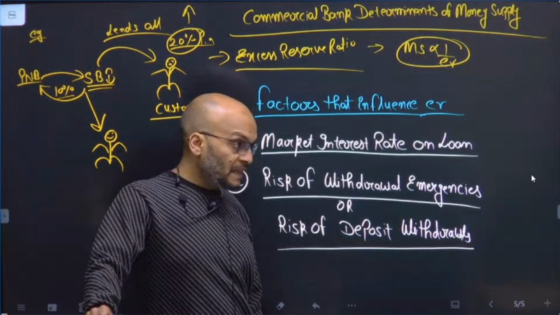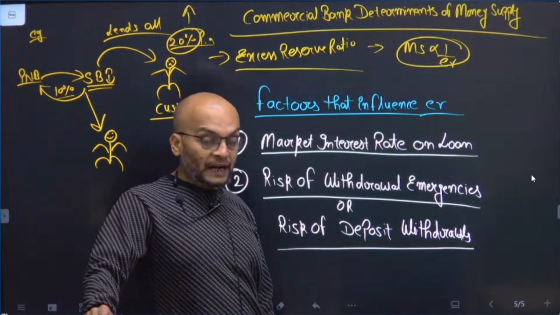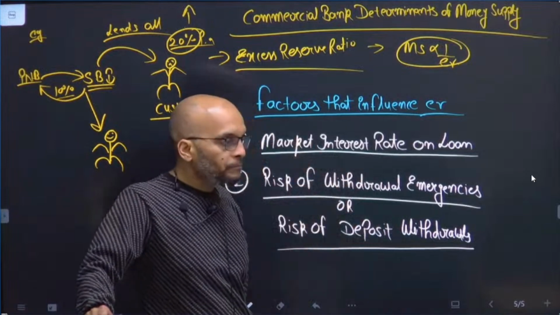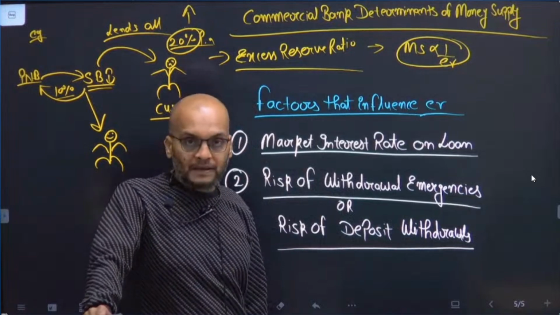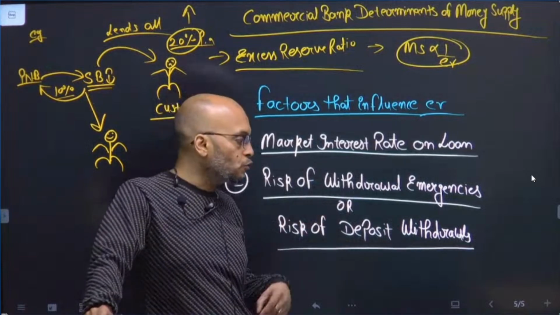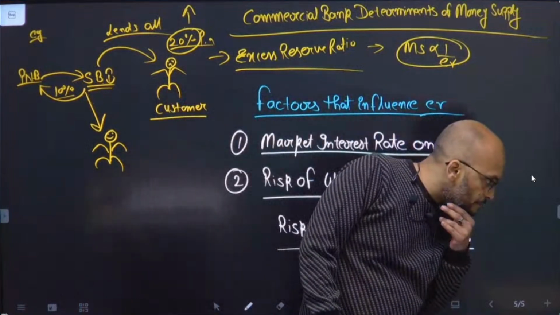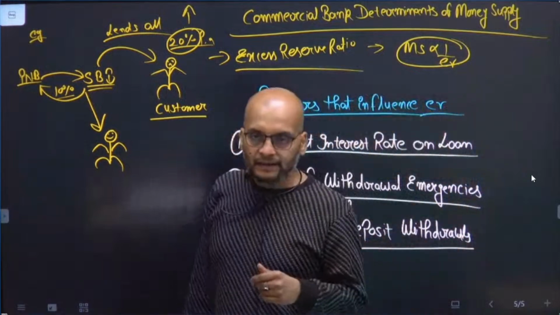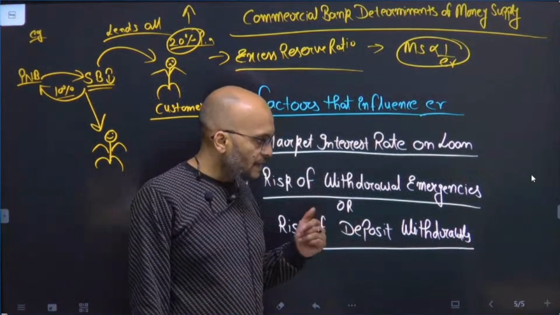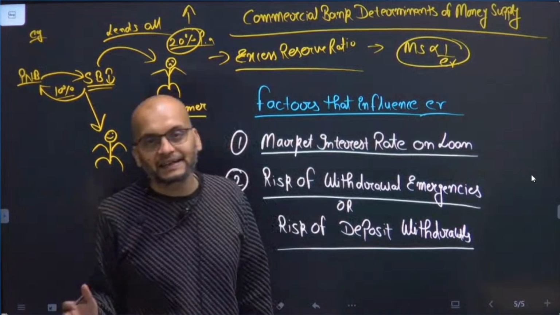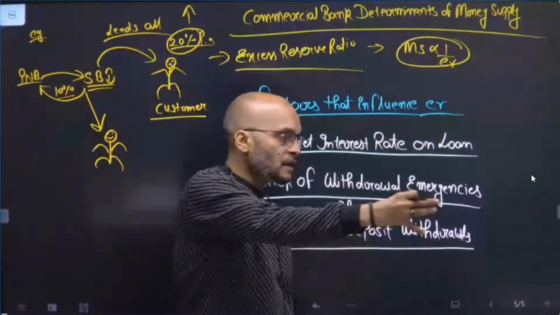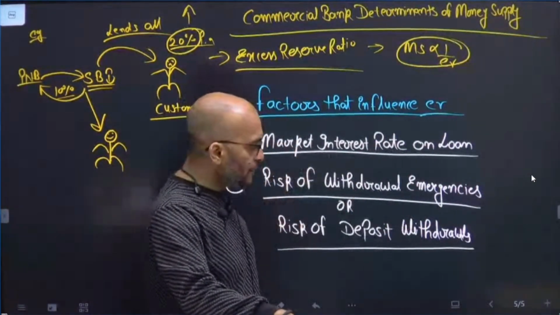So now SBI knows that more and more people will turn to the bank for withdrawals. Yes or no? In comparison to a normal situation, more people will come due to this emergency, due to any calamity. So a higher influx of people will be there for withdrawal.